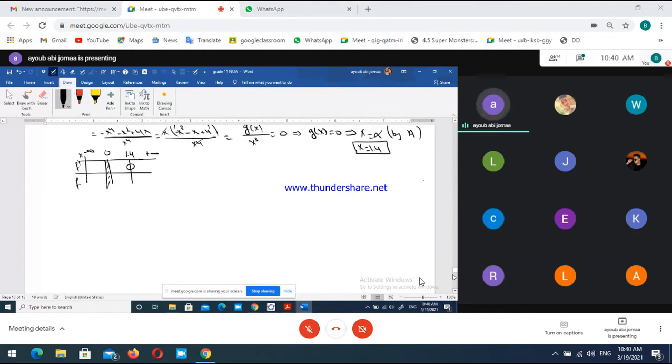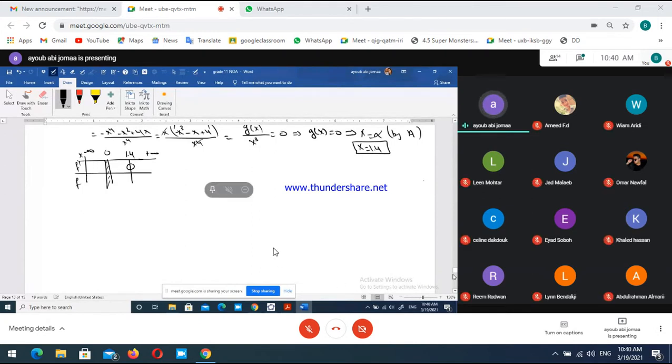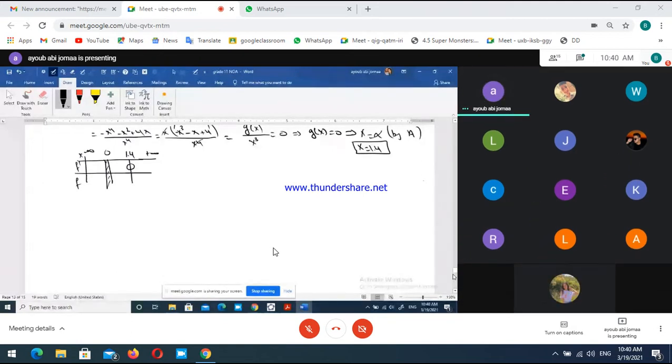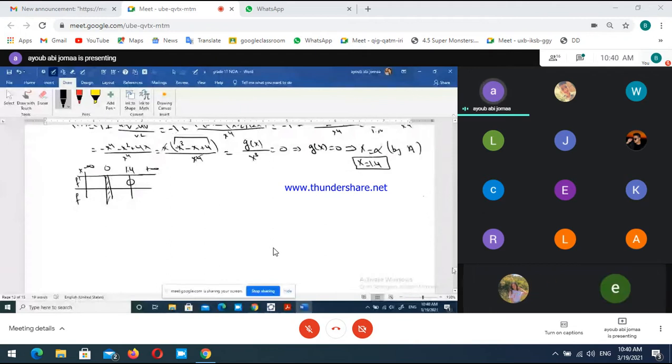Now choose a number less than 0 and replace in g of x or in f prime of x. Take -1, f prime of -1 will be g of -1 over -1.3. It will be negative. Between 0 and 1.4, let's say 1, f prime at 1 will be positive.